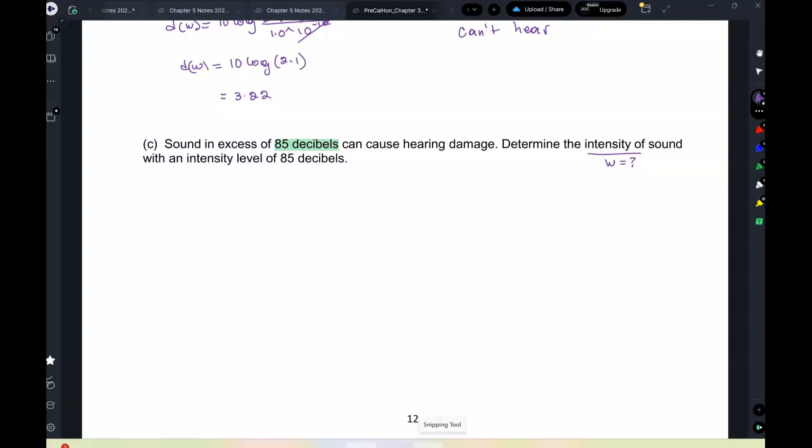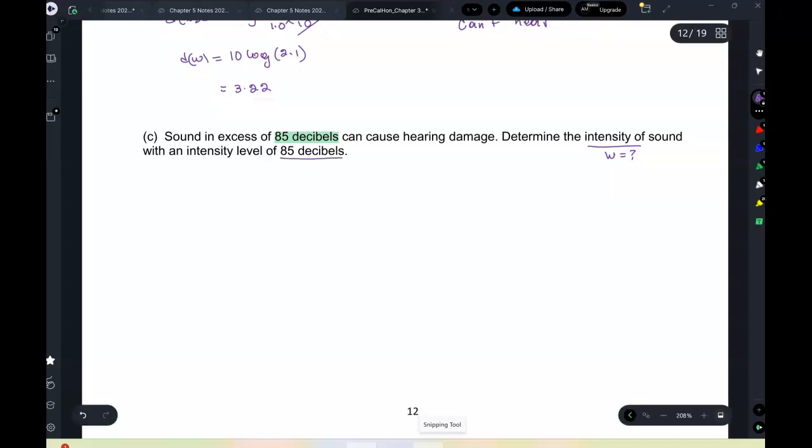With an intensity level of 85 decibels. So this is now D of W, okay? So 85 is equal to 10 log W over 1 times 10 to the power of 12. Oh, negative 12, thank you. Oh, that would be a whole other thing.